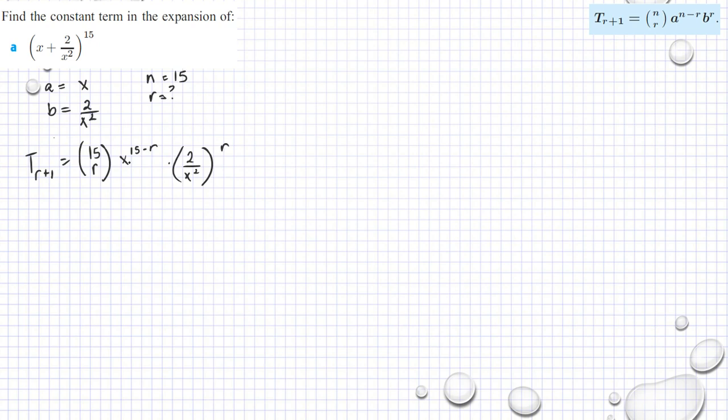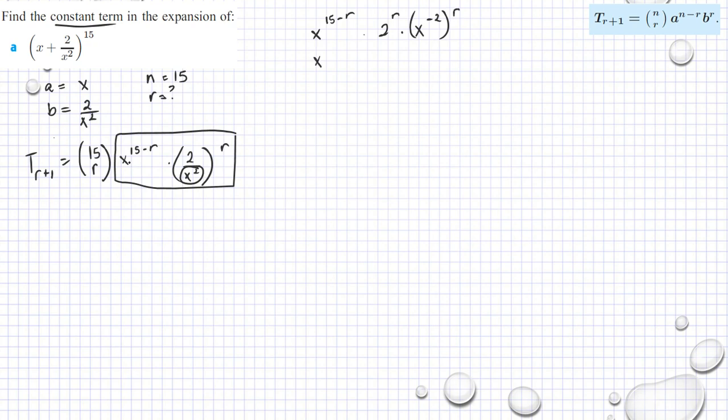And this one we can find when that one is equal to 0, because it is the constant term that we want. So if we have now x raised to 15 minus r, multiplied by 2 raised to r multiplied by x raised to negative 2, raised to r.